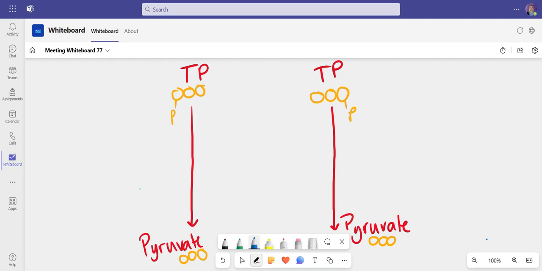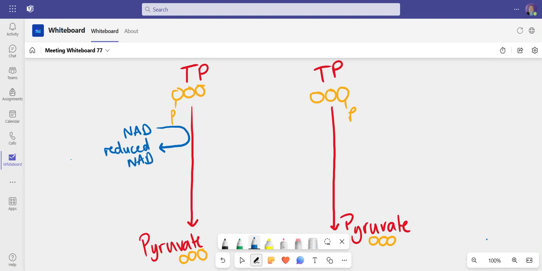Hydrogens contain 1 electron, so you can call them electron acceptors or hydrogen carriers kind of interchangeably. But what happens is if we start with an NAD molecule, what it can do is it can pick up a hydrogen and they become what we call reduced NAD.